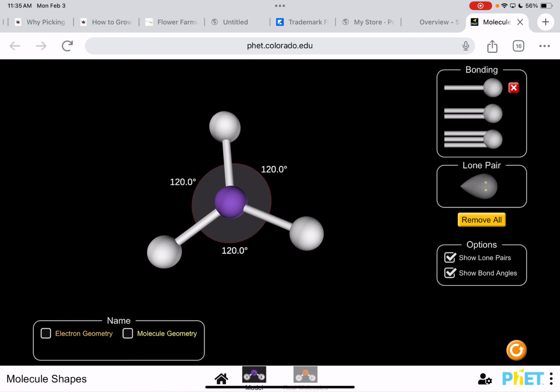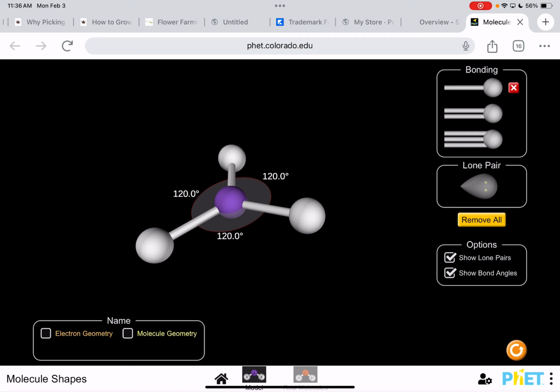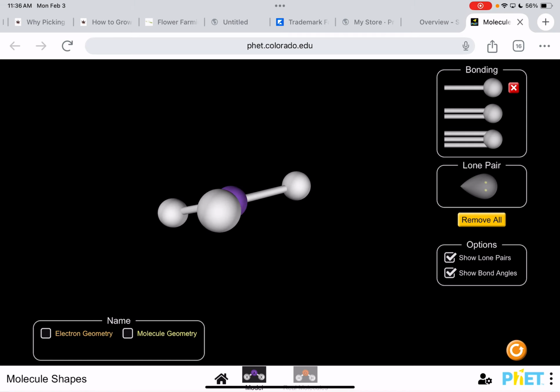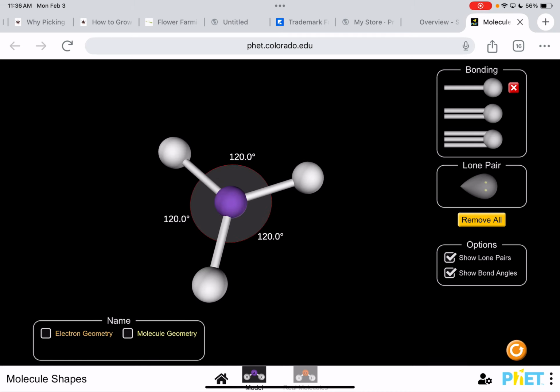Okay, 3 things. They all need to repel away from each other as much as possible. So if I have 3 things, they end up in a plane 120 degrees away from each other. That is the biggest separation that they can have. If I try to move one of those atoms, in fact, I think you can do this on here.